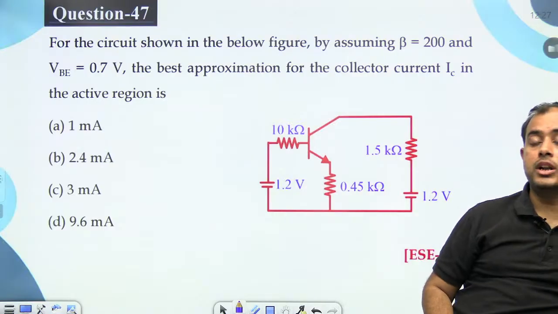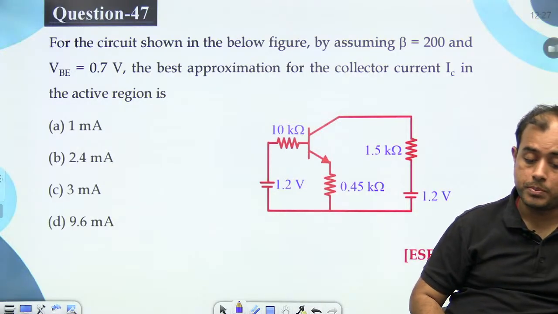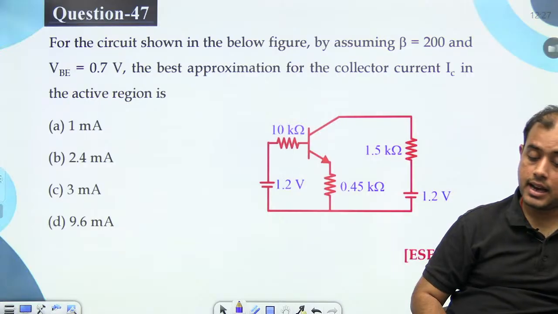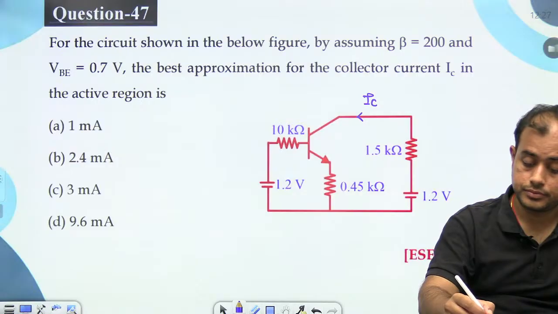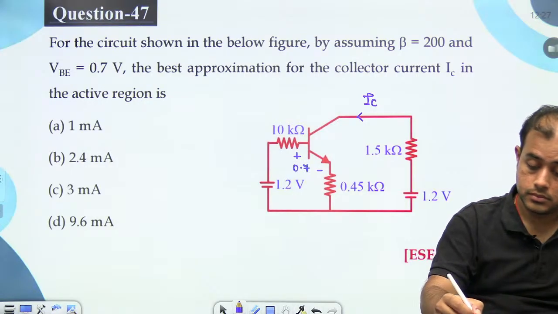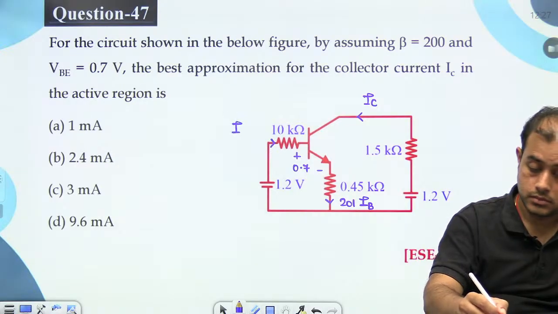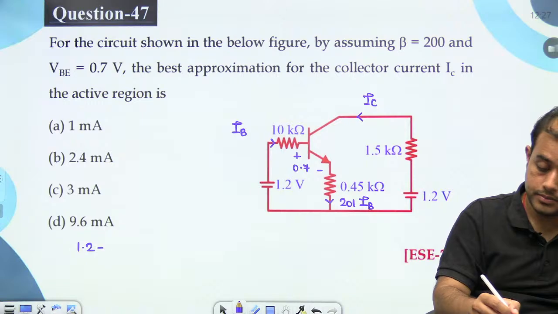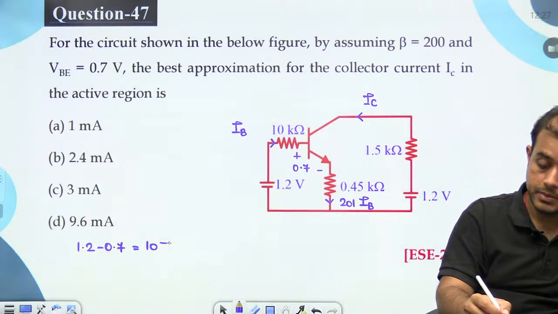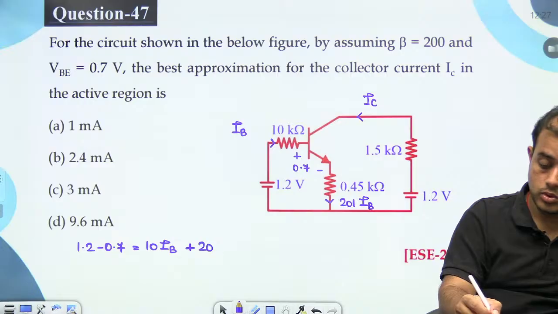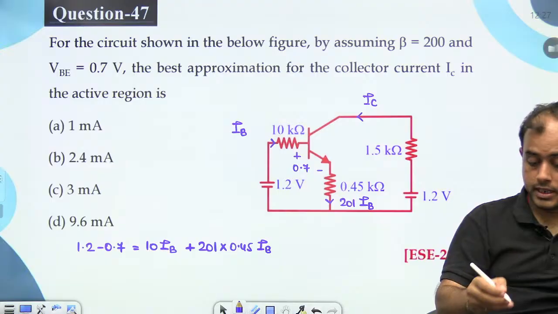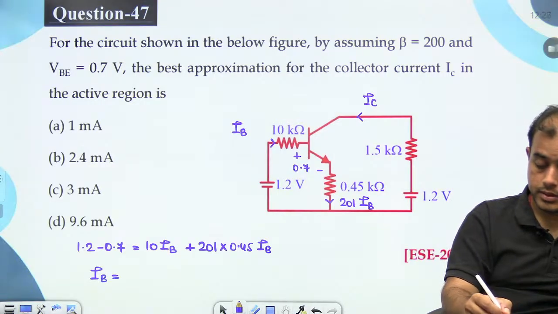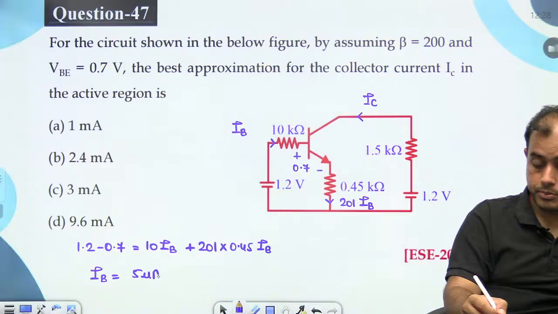ESE 2001: for the circuit shown in the given figure, assume beta is 200 and VBE is 0.7. Find the IC value in the active region. So apply KVL: 10 IB plus 201 into 0.45 IB. So it will be 100 IB, 0.5 by 100, 5 microampere.